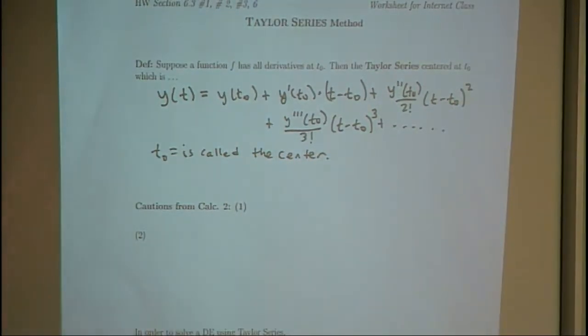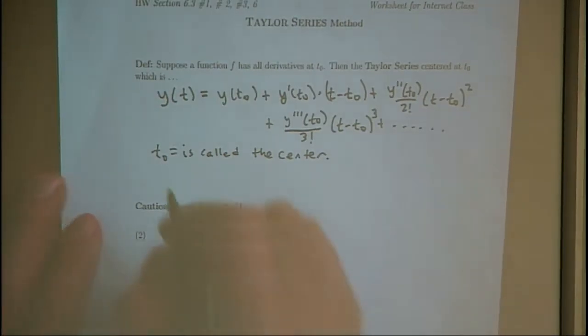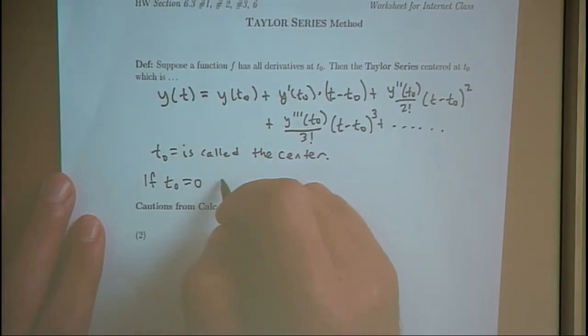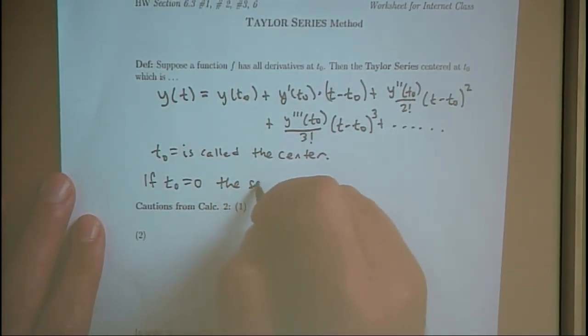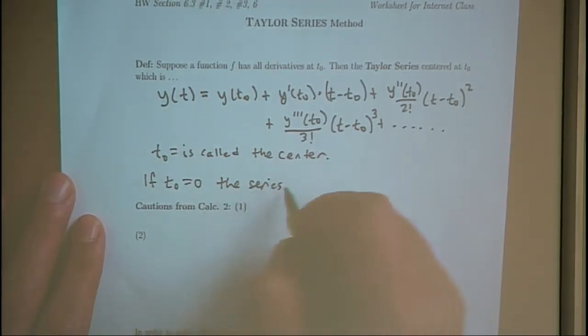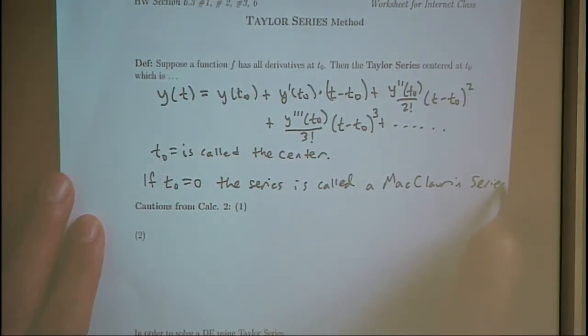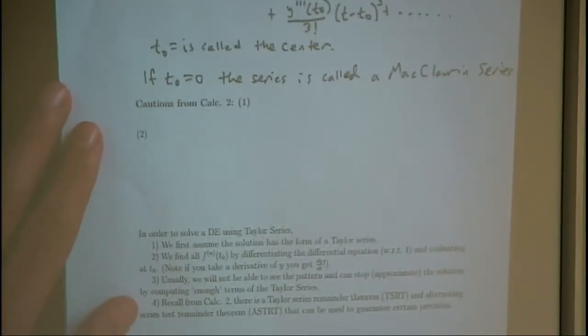And if t0 is 0, it's also called the Maclaurin series, just to remind you of some terms from Calc 2. That's not that important, just reminding you of some things from Calc 2.